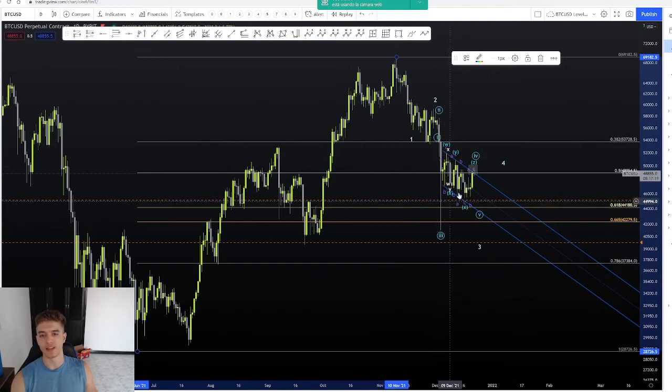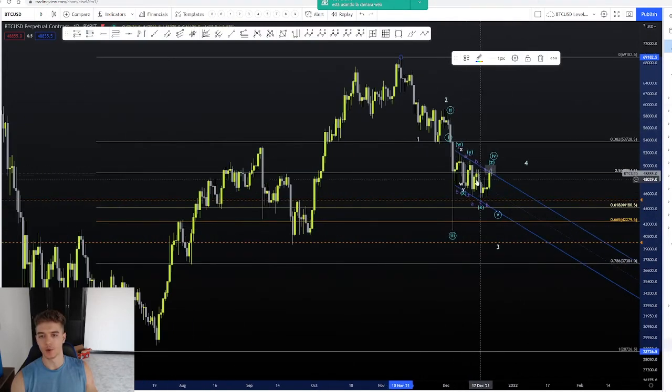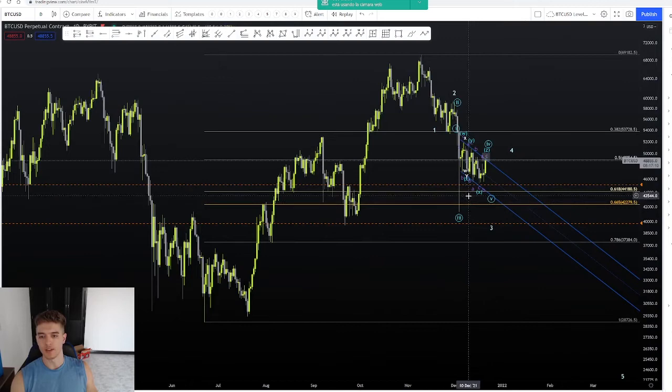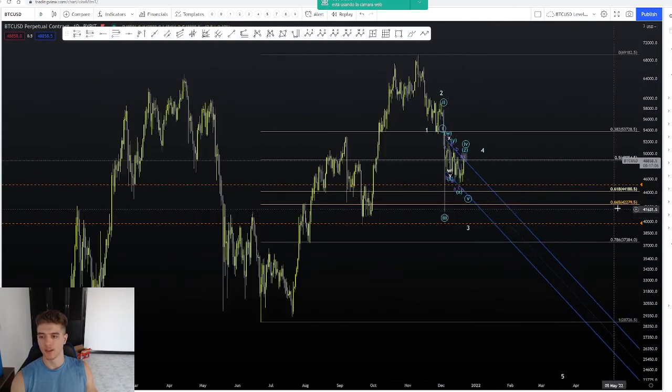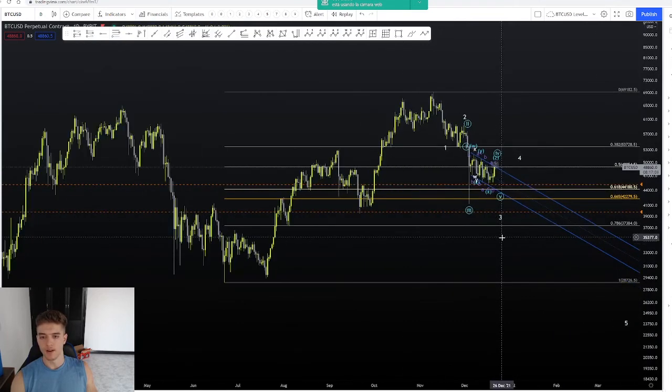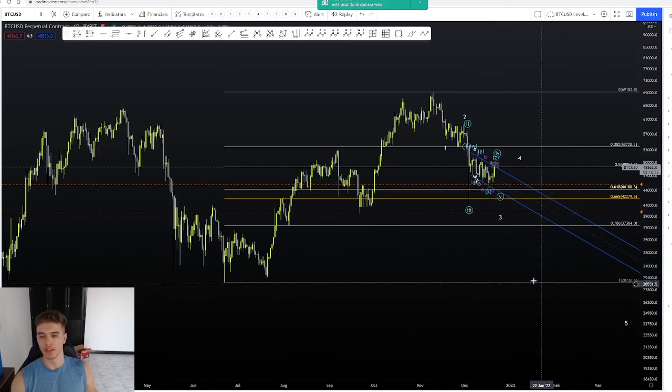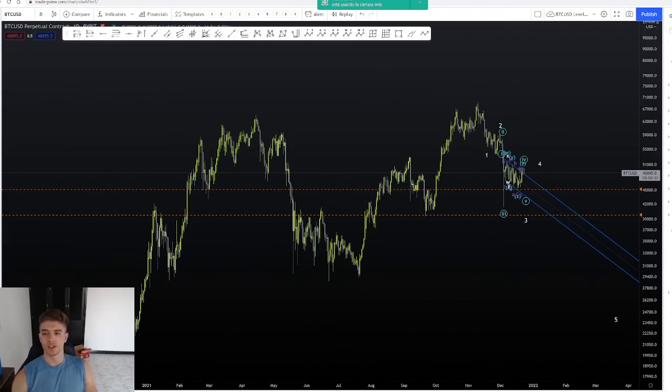I don't think that's that likely right now because this move seems more corrective than impulsive. But just to give you guys a perspective, that is possible based on the depth of the retracement, that this could have been an expanded flat. But yeah, anywhere between here and here. I know these are pretty wide targets, so it's kind of hard to say where it's going to bottom out as of now. It really depends if you think this is going to be a running flat or an expanded flat.